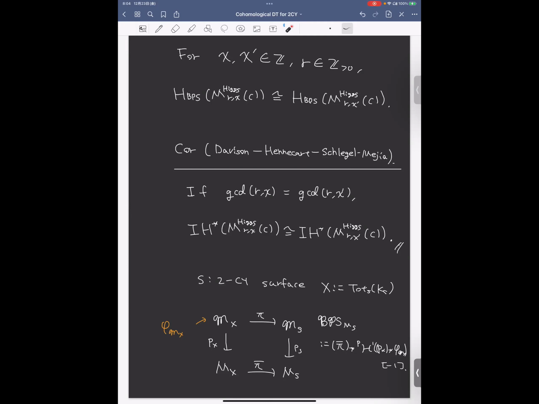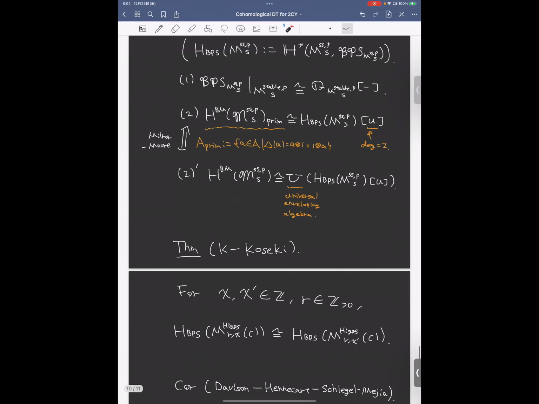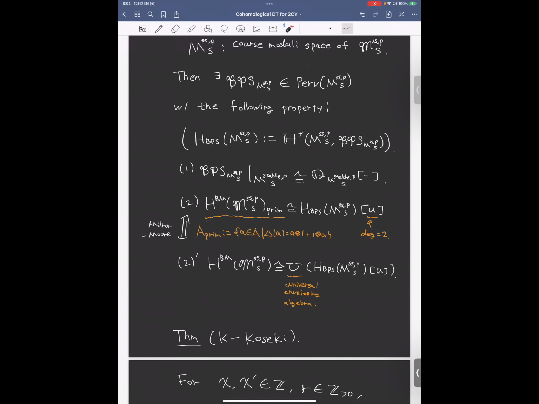Firstly, if we assume semi-stability, we can construct the co-multiplication at the level of the good moduli space, and more strongly, I think we can construct it on the moduli stack.